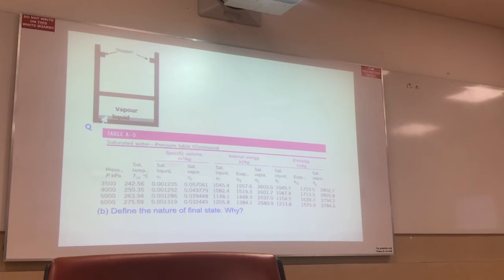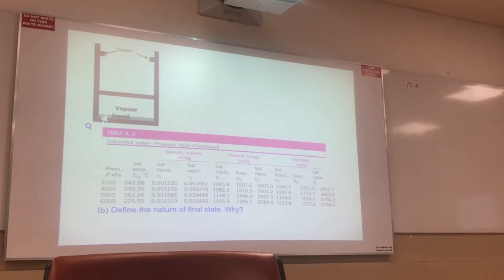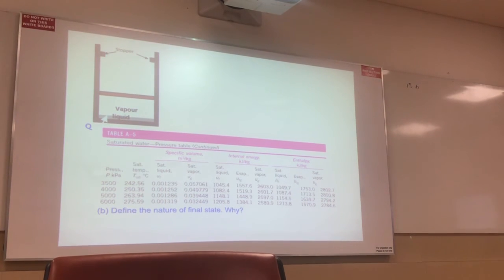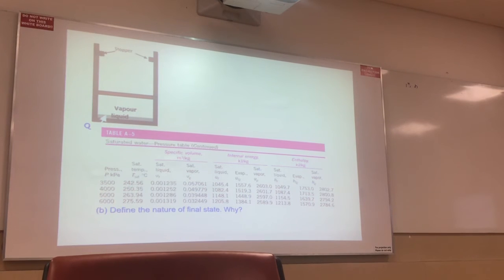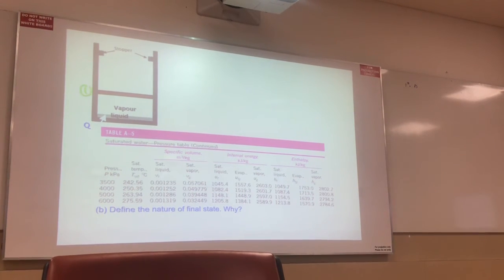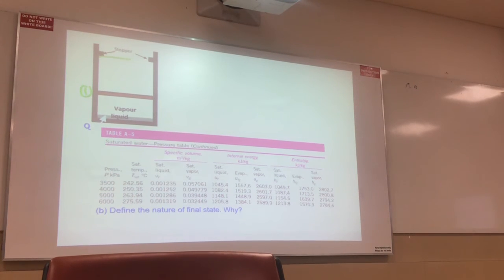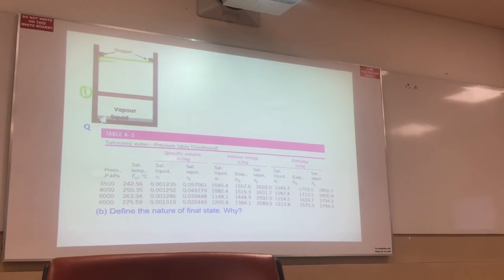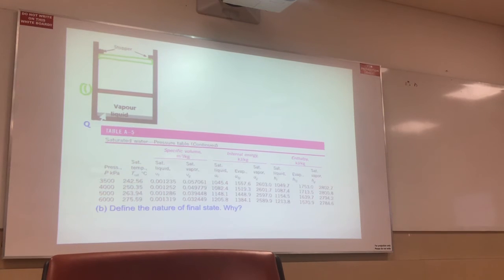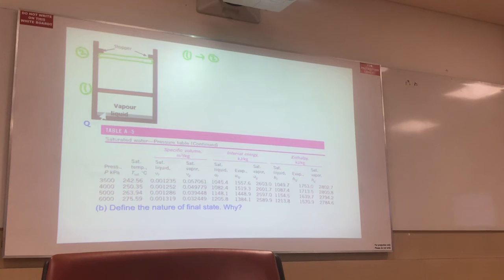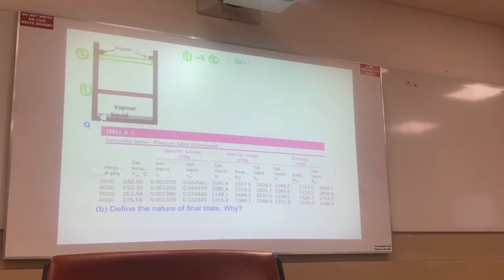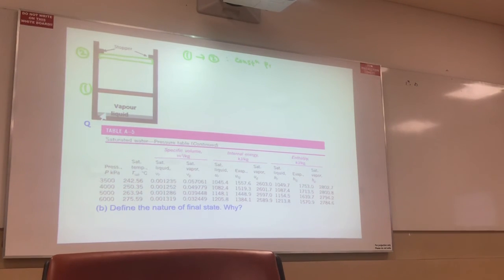Okay. Now question B. Define the nature of the state. So at state 2, you see, this is state 1. At state 2, it goes up to here, right? At same pressure, correct? 1 to 2 is a constant pressure process. Okay.